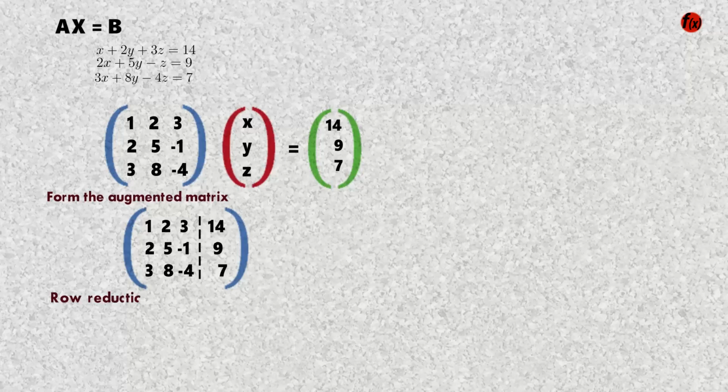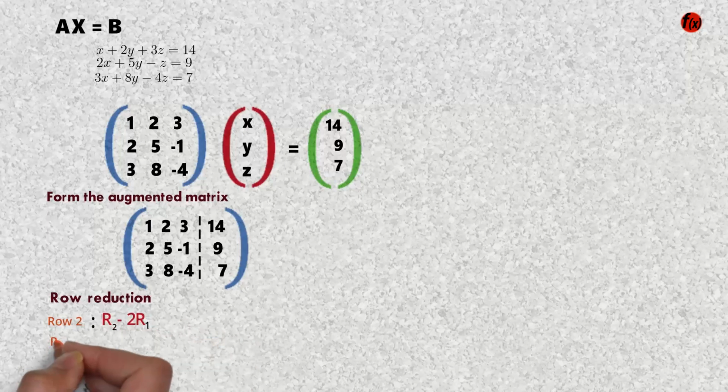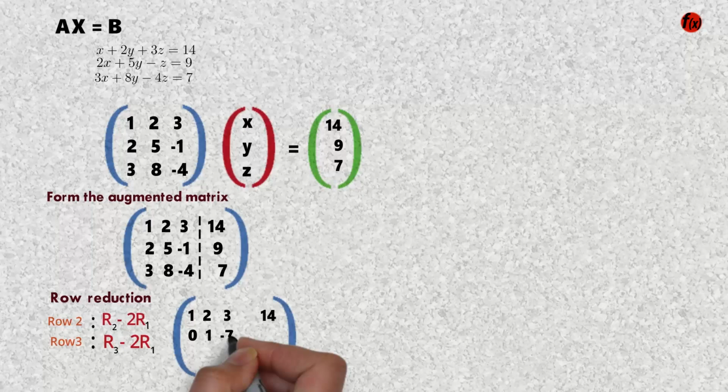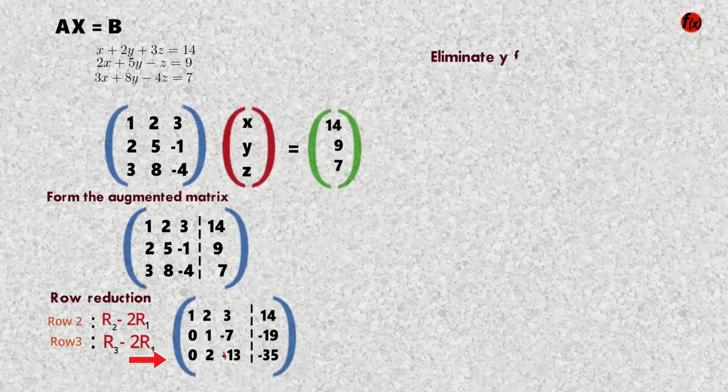Row reduction. Eliminate x from the second and third rows. Eliminate y from the third row.